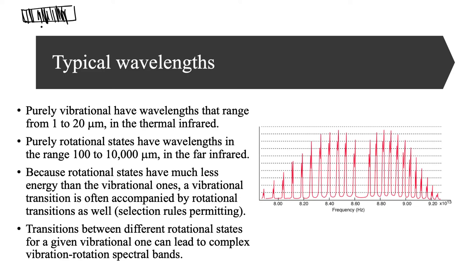Let's say that you're looking at a particular part of a spectrum where you have a very complicated molecule, and here you know that you have a line that corresponds to a rotational state.